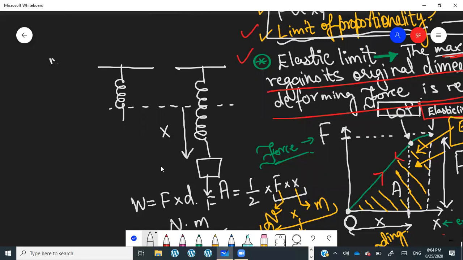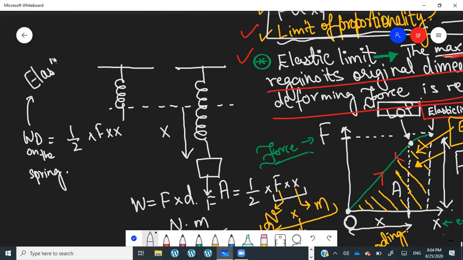When you multiply force by x and multiply it by half, you get the work which is done on the spring. And by the way, this work done on the spring is actually a form of energy, which is known as elastic potential energy.